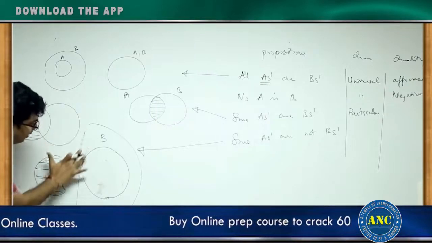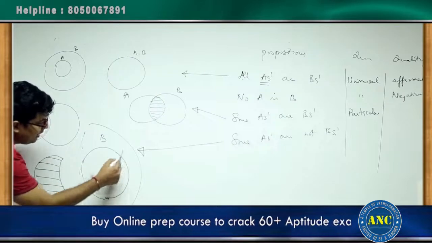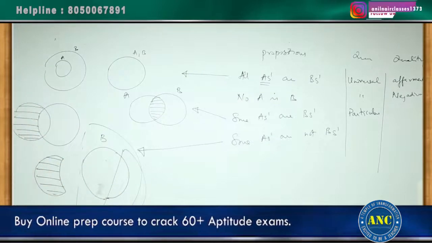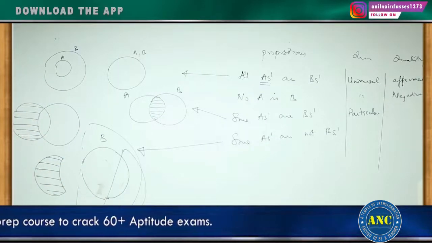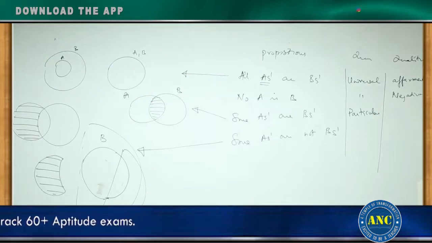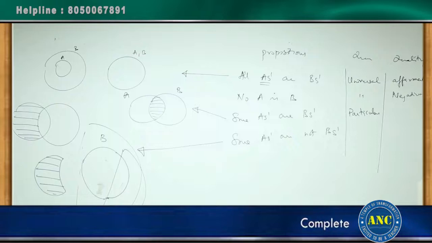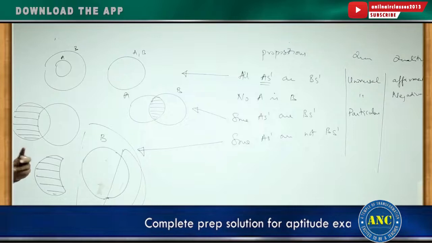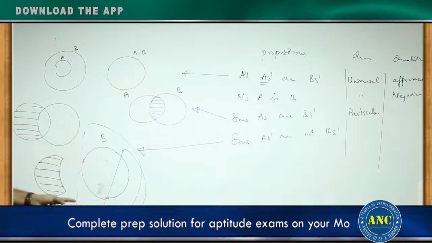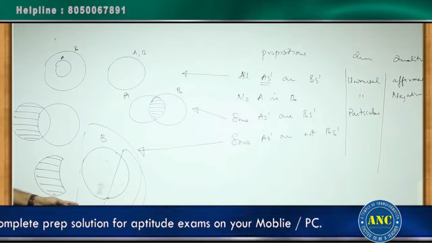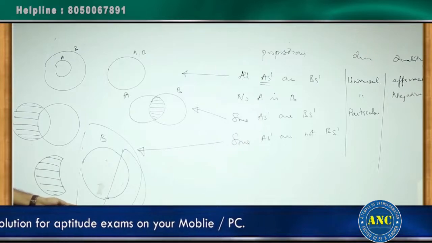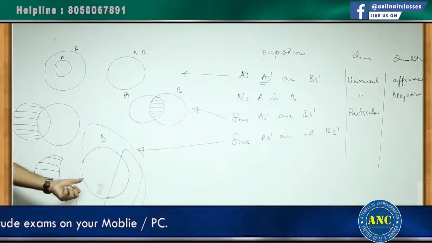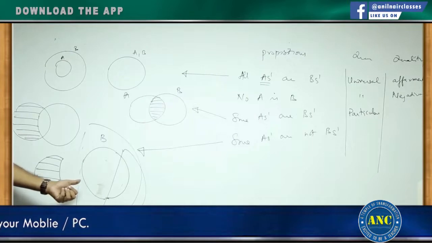The remaining A could be like that also. I don't know. So the thing that I don't know, let's not draw it. What generally happens when we solve using Venn diagrams is we waste our energy drawing that, and in the process there's a chance of making a mistake. But if you start seeing it like this, trust me, you will not even draw after a while.